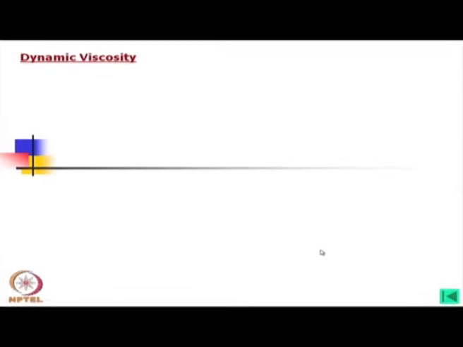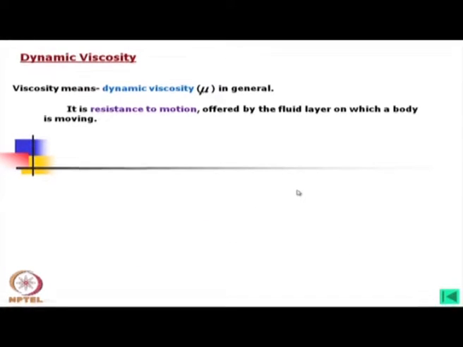Now, we will come to a very important property, which is called dynamic viscosity. When we mention the viscosity of the oil, we normally mean the dynamic viscosity, denoted by mu in general. It is the resistance to motion offered by the fluid layer on which a body is moving.